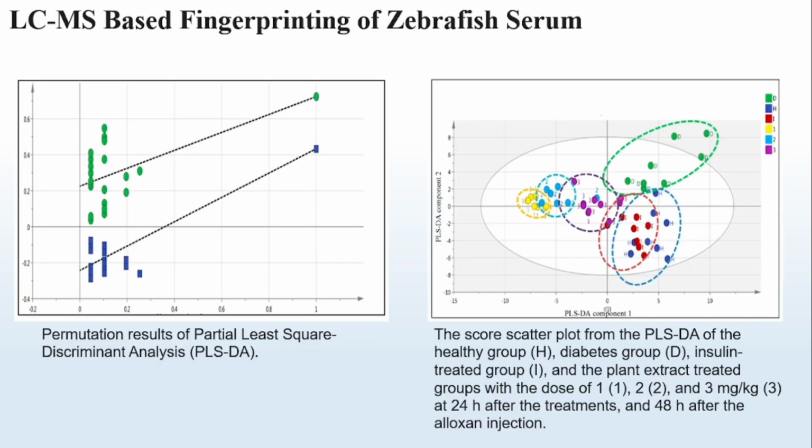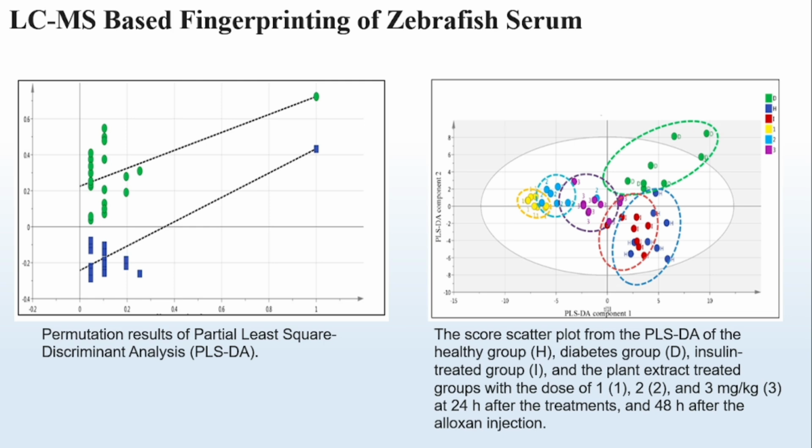And this is the LCMS-based fingerprint of the zebrafish serum. This fingerprint was used to identify the serum metabolites in zebrafish and assess the anti-diabetic effect of the Psychotria malayana leaf extract, and to evaluate the dose-dependent change and the underlying biochemical pathway.